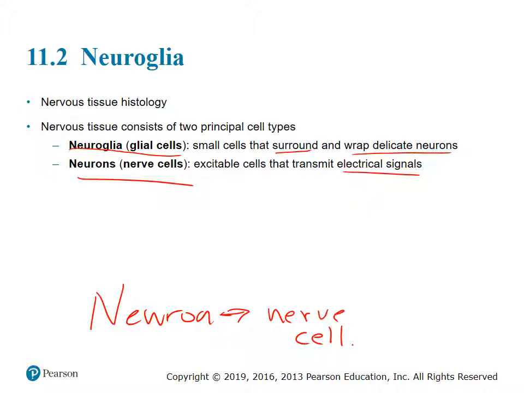Because the neurons, again, send the signal, electrical signal, action potential, if you remember that, right? And yes, they're vitally important. That's their main role. That's what the nervous system does through the neurons. But the neuroglia actually maintain the environment around the neurons, maintain the health of the neurons, repair the neurons sometimes, defend the neurons.